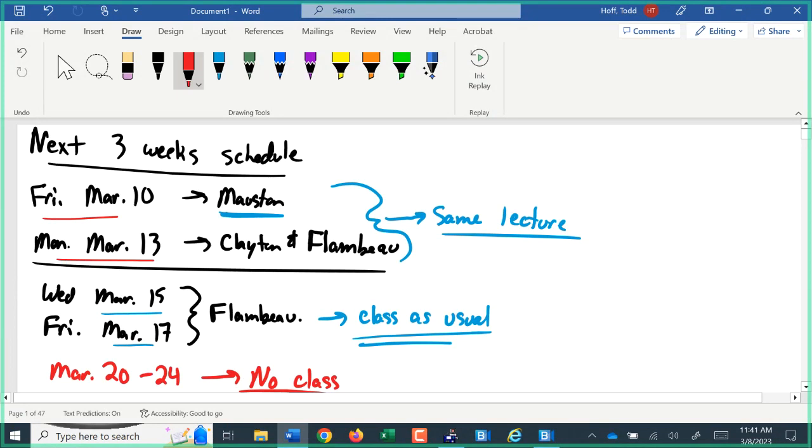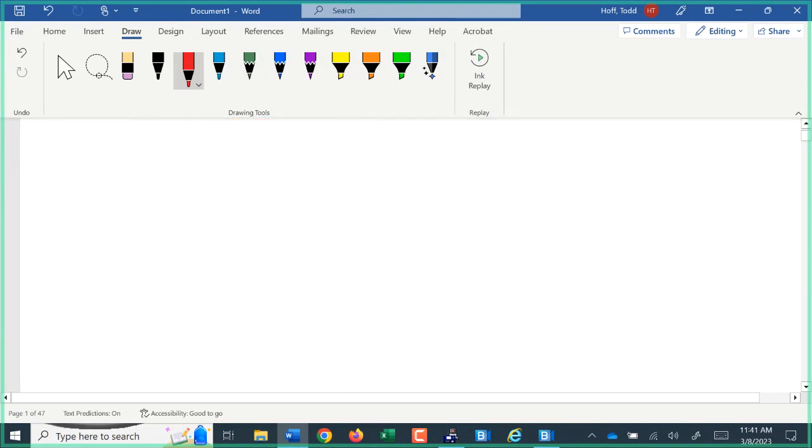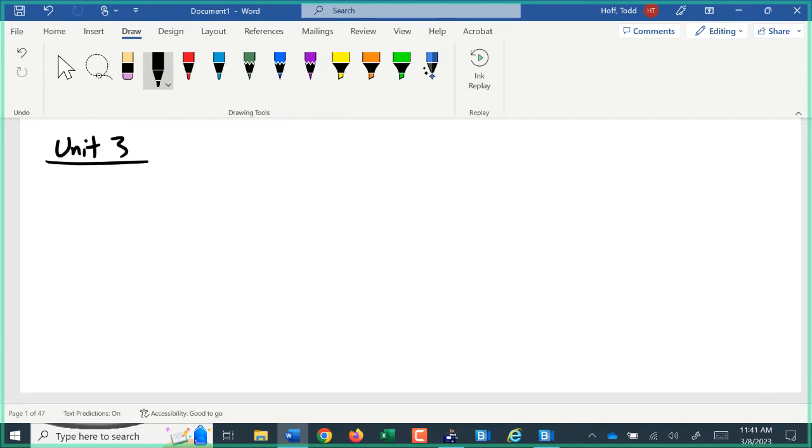So anyway, we had our test last class, so today we start Unit 3. And as I mentioned before, Unit 3 is really the heart and soul of this course. It's where all of our dosage calculations come in. It's really the purpose of this class. All the other stuff, Units 1 and 2, were preparation to make sure we had the background knowledge for this unit.